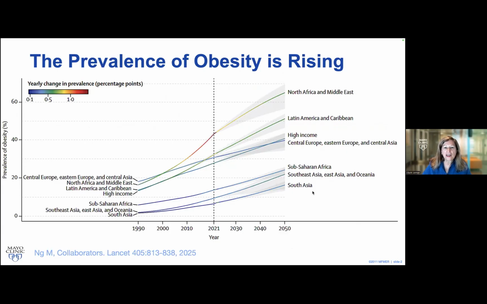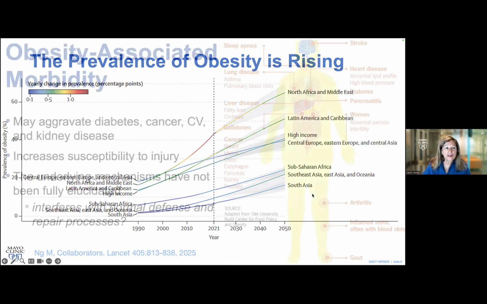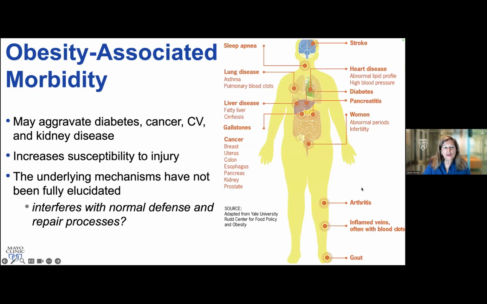This is a very alarming rise because we know that obesity can cause various forms of cardiovascular and other forms of damage, including aggravating diabetes, cancer, cardiovascular, and kidney disease. In addition, obesity can also increase susceptibility to other forms of injury, serving as a second hit.